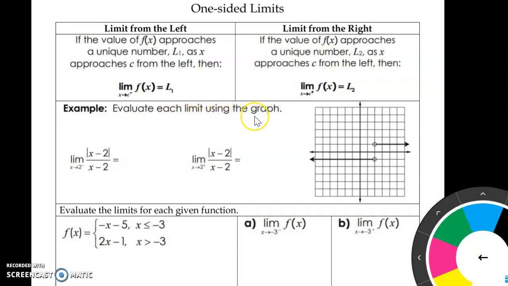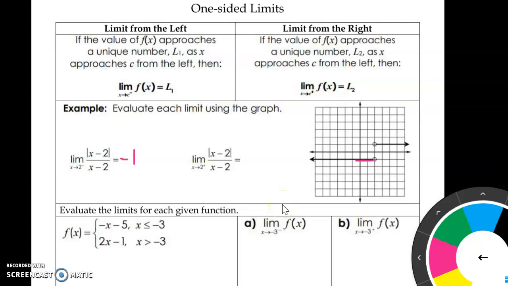Evaluate each limit using the graph here. Our first one's approaching from the left: the limit as x approaches 2 from the left of this function. From the left as x approaches 2, our graph is approaching this value here. F of x is equal to -1, so it's approaching -1.